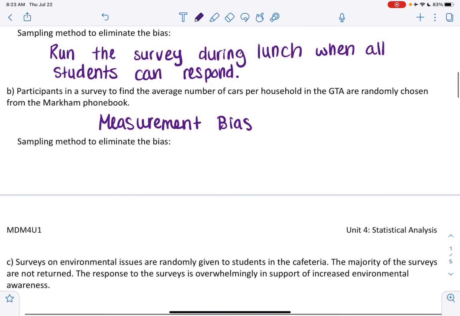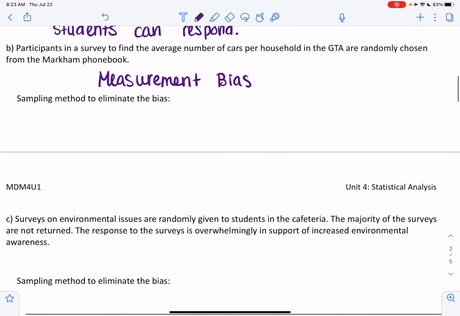So this is measurement bias because we're looking in the whole GTA, but I chose to use a sampling method in which I split my population into groups, and the group I choose to look at is just Markham, and then I randomly search in there. So because that's the sampling method I picked and it doesn't work, this is measurement bias.